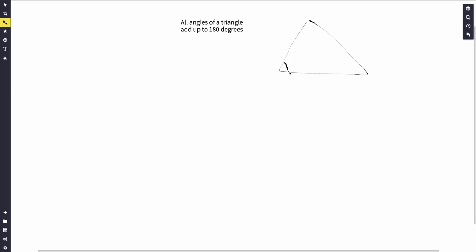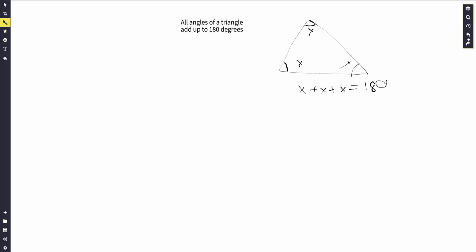All the angles here, here, and here have to add up to a total of 180. So x, x, x. So that means x plus x plus x have to all equal 180 degrees.